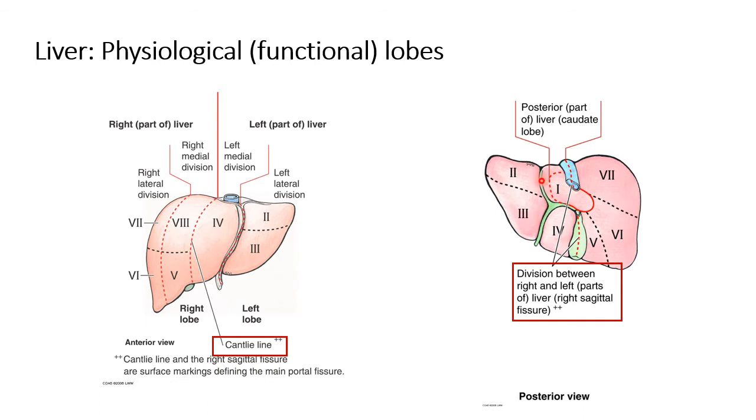So this is the left sagittal fissure, and the right sagittal fissure is the one that runs through the gallbladder and the inferior vena cava. So these are physiological lobes, and then as you can see, these lobes will be divided later into divisions and segments, but don't worry about these details. You will cover them later, inshallah, next year when you do the alimentary system.